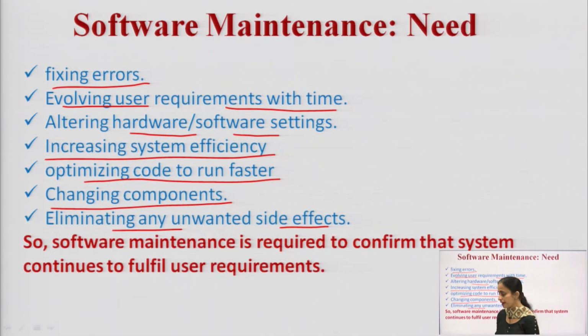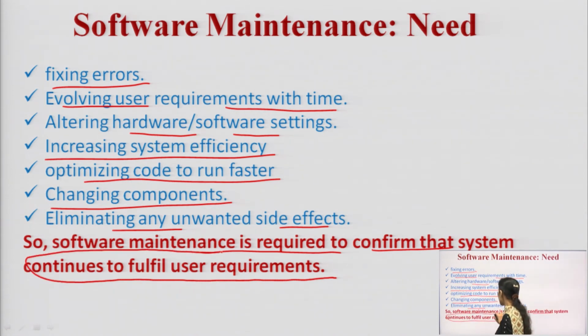Software maintenance is required to confirm that my system continues to fulfill the user requirements. Requirements are getting changed, so the software should also be changed. I have to decide whether my software will fulfill the new changed user requirements or not. That confirmation can be given once I maintain my software.